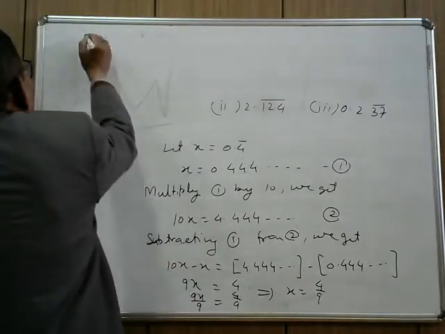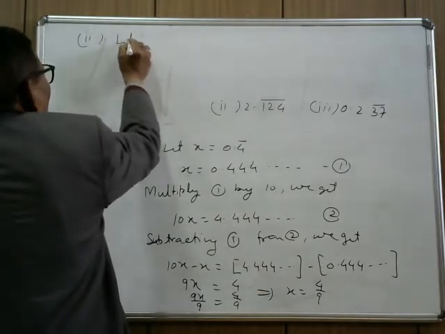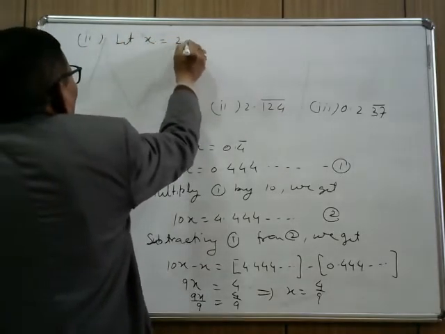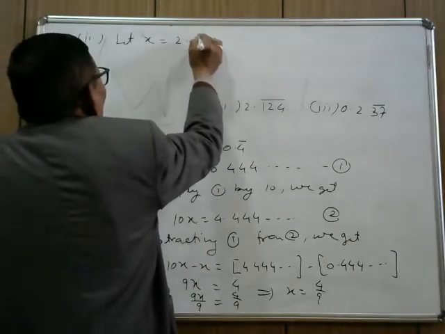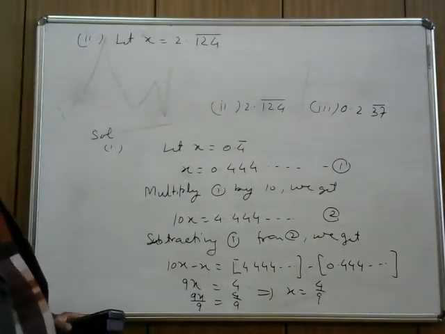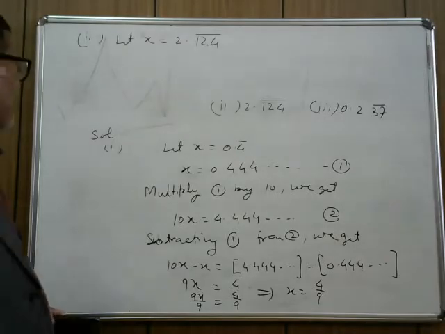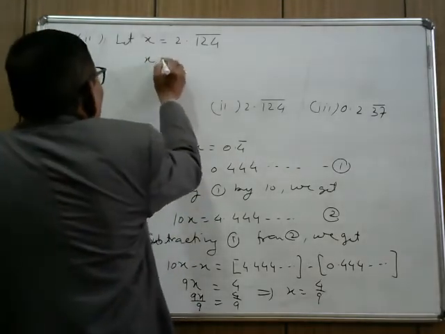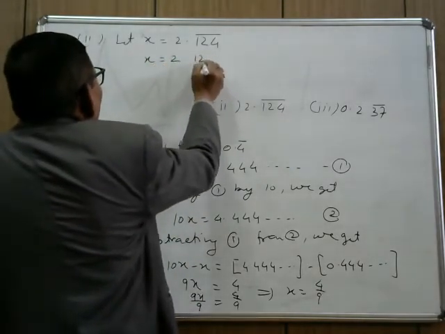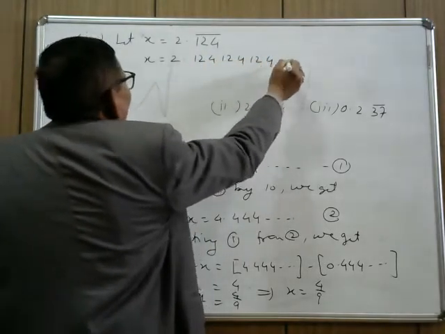Now I am taking the second question. According to the rule, let x be equal to 2.124 bar. The bar is given above the 3 digits, 1, 2, 4. So you must write the given number as 2.124, 124, 124 and so on.